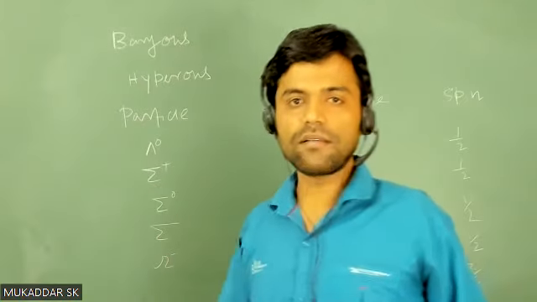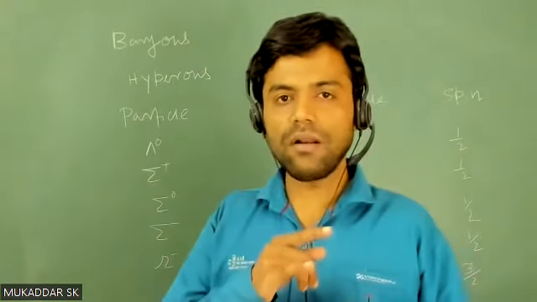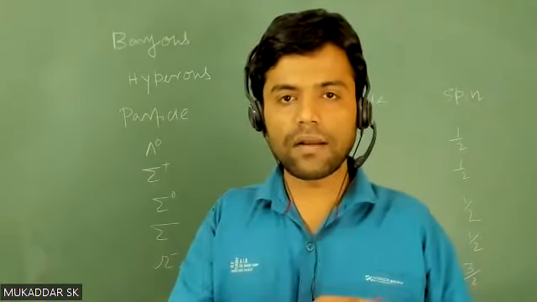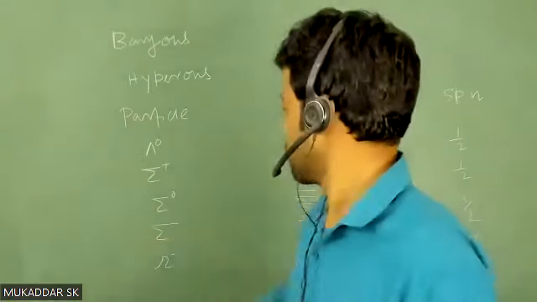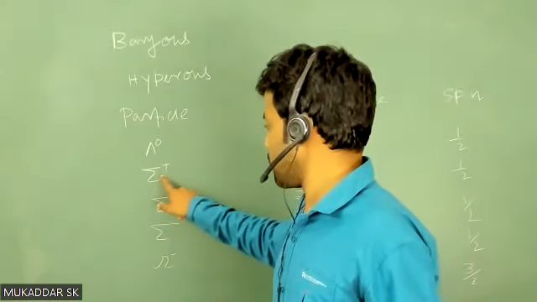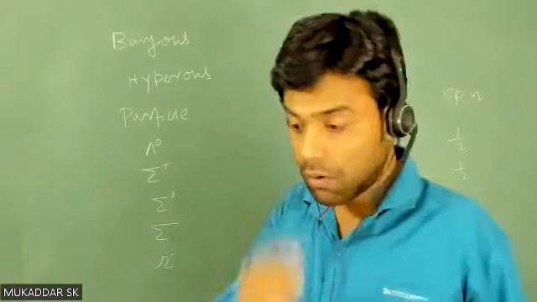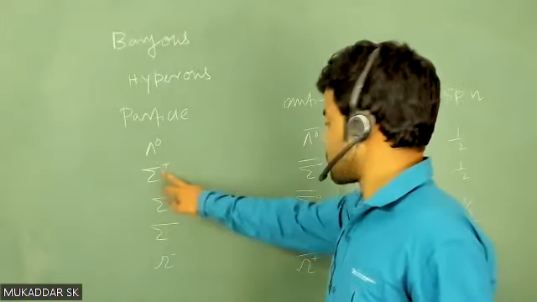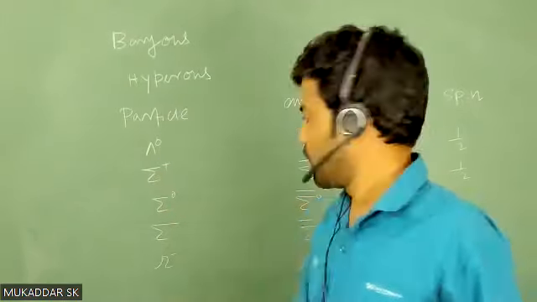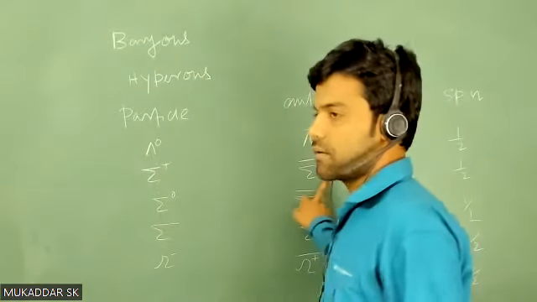How have you chosen this? Because you know the relation between quantum numbers for particle and antiparticle. A few of the quantum numbers are the same for particle and antiparticle, and that is satisfied by these two particles.